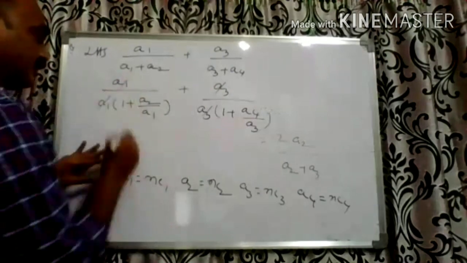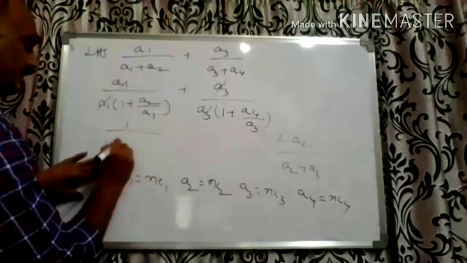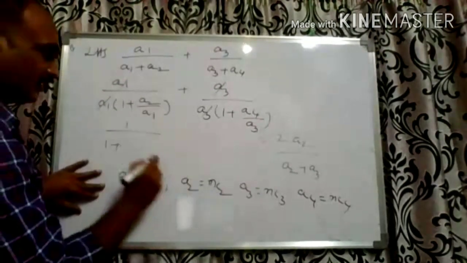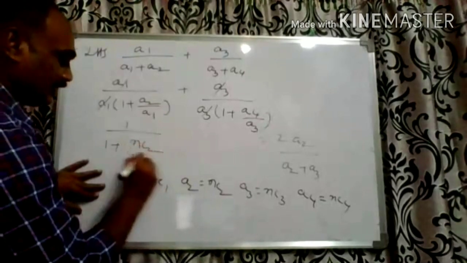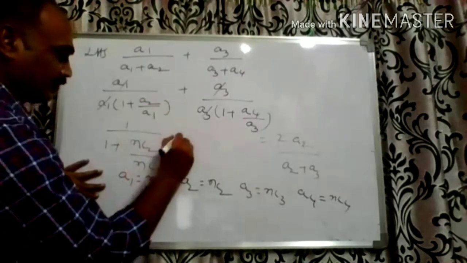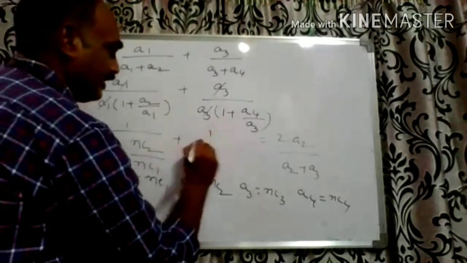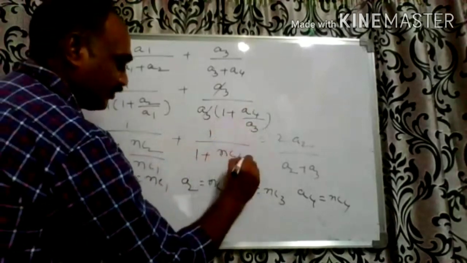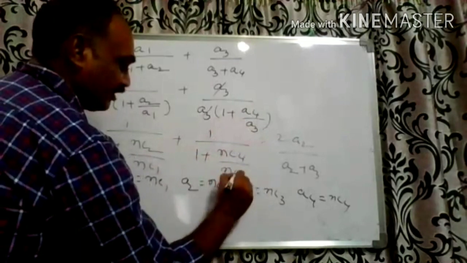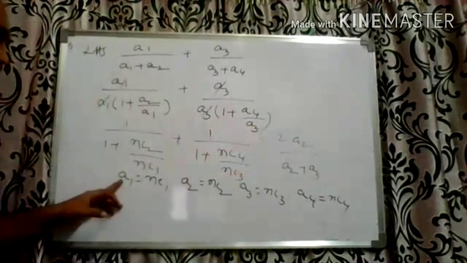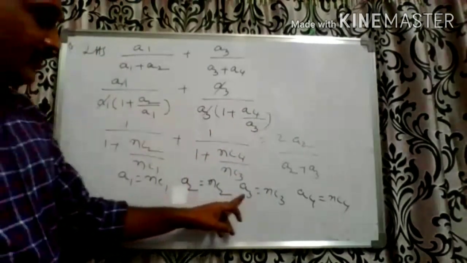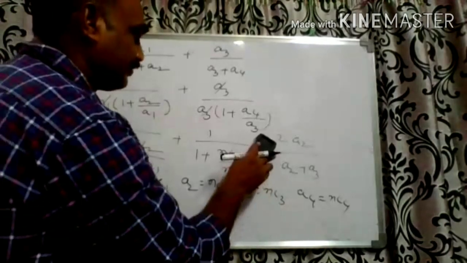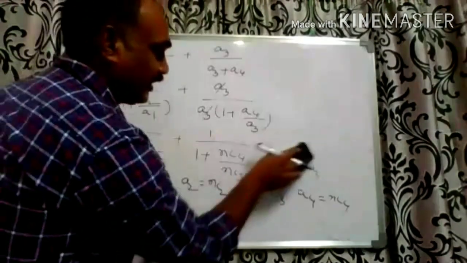So 1 by (1 plus A2 by A1), where A2 is nC2 and A1 is nC1, plus 1 by (1 plus A4 by A3), where A4 is nC4 and A3 is nC3. So A1 is nC1, A2 nC2, A3 nC3, A4 nC4. RHS is 2A2 by (A2 plus A3).